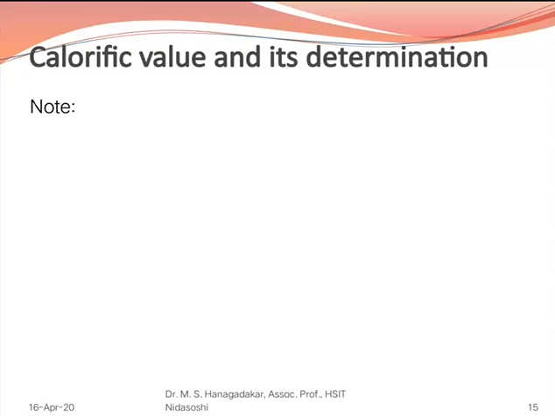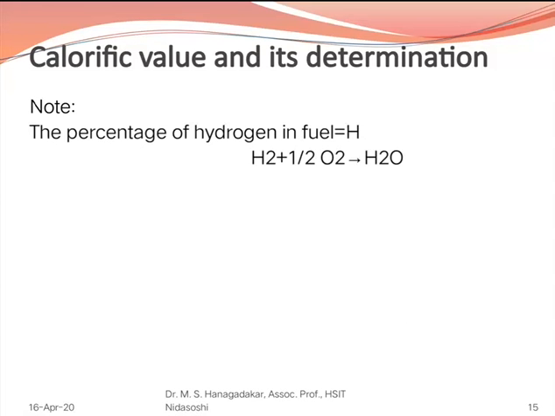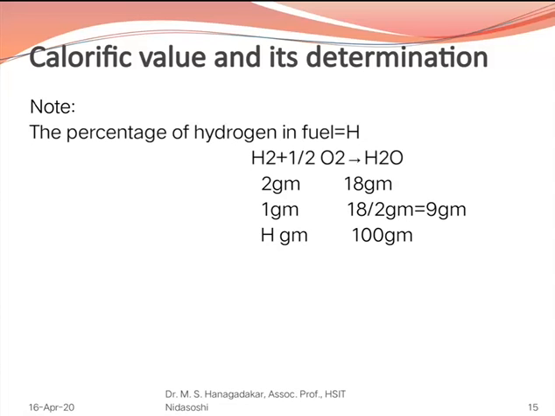Now let us remember these points which are required for the conversion factor of latent heat of steam of condensation. The percentage of hydrogen in the fuel is represented as H. As you know, 1 mole of water is produced by the combination of 1 mole of hydrogen plus half mole of oxygen, forming 1 mole of H2O.